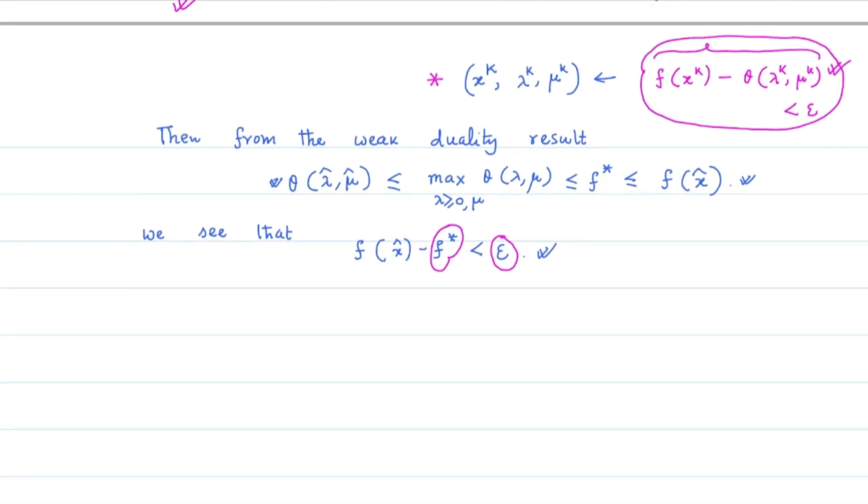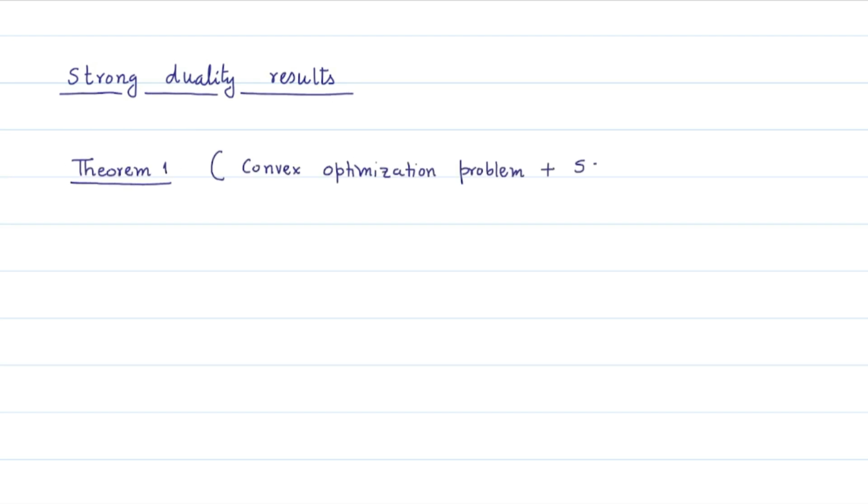The first condition towards this is that a convex optimization problem together with Slater's constraint qualification implies strong duality. The result states the following: consider the primal problem to be a convex optimization problem.